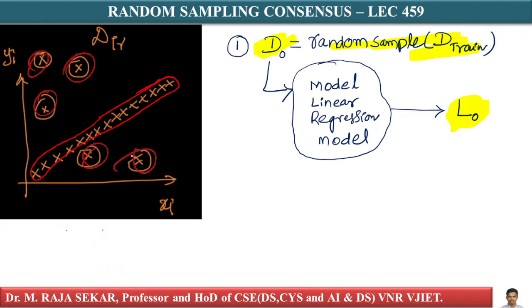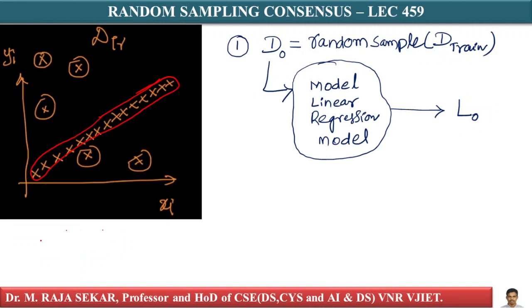So when you sample a bunch of points, let's assume we sample 50% of the points. The probability of an outlier being part of my D0 reduces to 50%, isn't it?